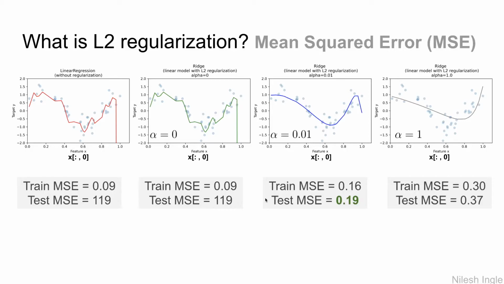Now, another point I want to mention here is that we did the fit on a polynomial data set with 20 features. So it's a 20-dimensional data set, and we are plotting just one of those columns, one feature, and we are looking at the fit for one of the features. So that's not the accurate way.